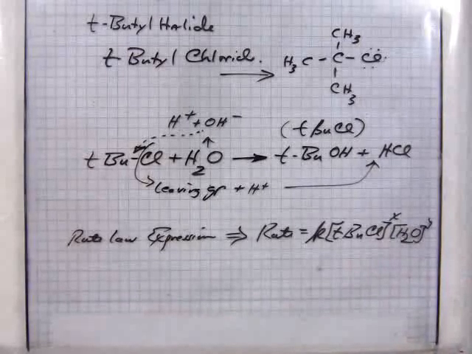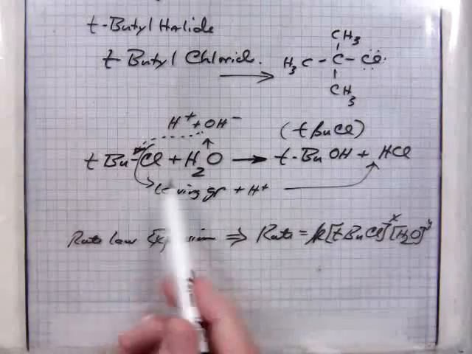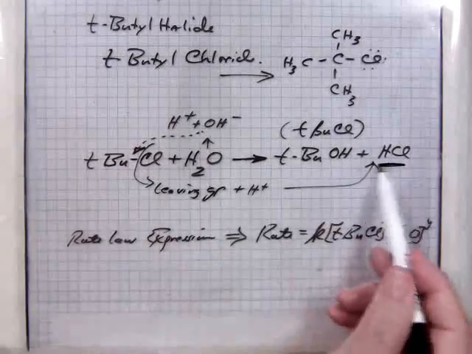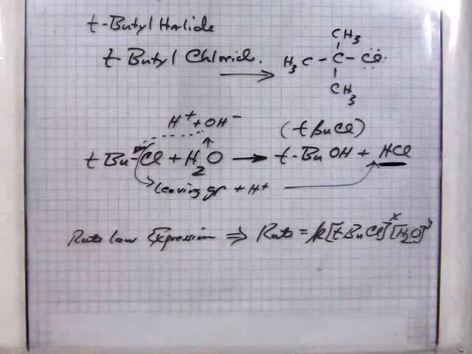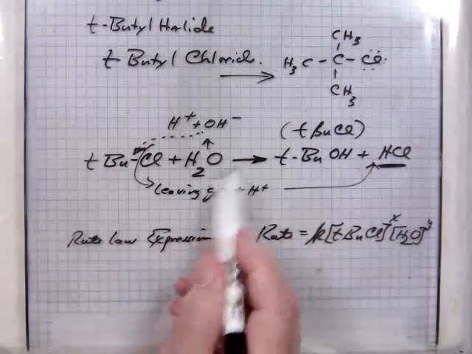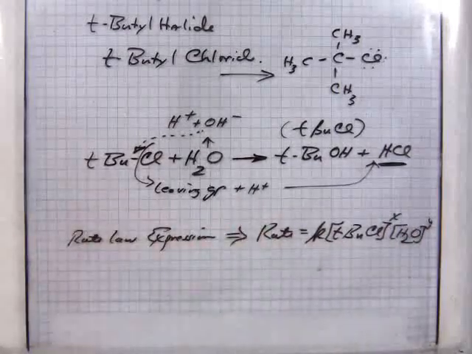But the issue is we cannot monitor either one of these components, but we can monitor the production of hydrochloric acid, because hydrochloric acid, as it's produced in a water environment, will cause a change in pH value.